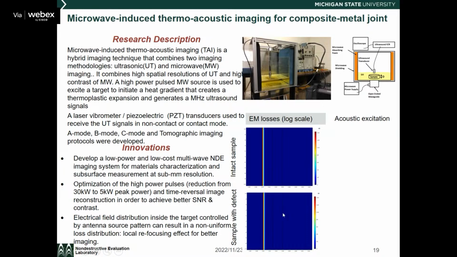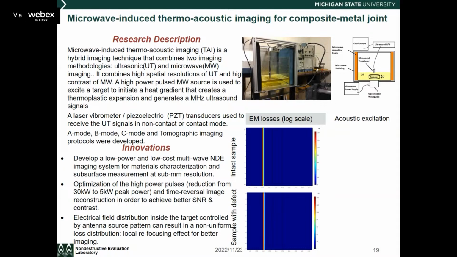And let me show you two videos where you can have EM excitation to a composite metal structure. It's a sandwich structure, and you can see the EM introduce thermal expansion, generate acoustic waves propagating in one material.